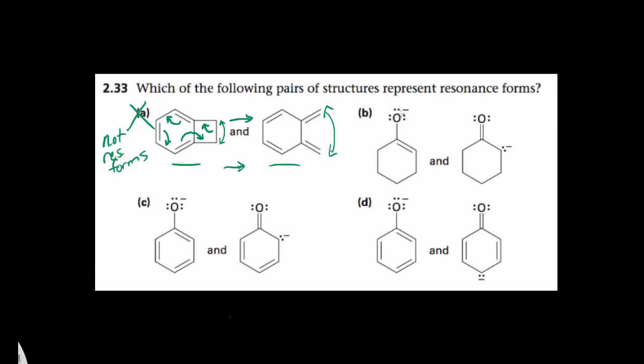The lone pair, it could be any lone pair, it could be this one, it could be this one, doesn't matter. But the placement of the arrow is very important. So the tail has to start at a lone pair and be placed into where the new pi bond is. So notice that here we have 3 lone pairs, and now in the second resonance structure we have 2 lone pairs.